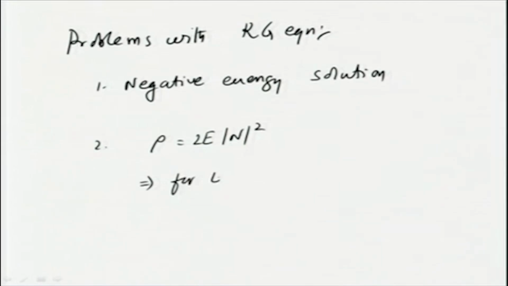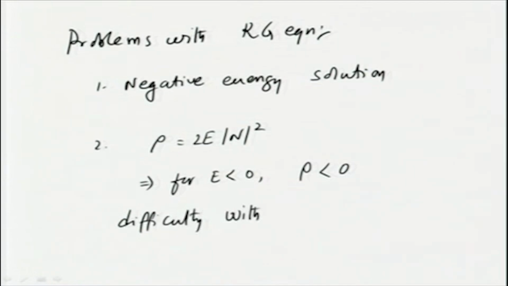So if E is negative, then rho is negative. That will give you, for E less than 0, rho less than 0. How do we interpret rho then, as a probability density? We cannot have negative probabilities, which is physically not valid.